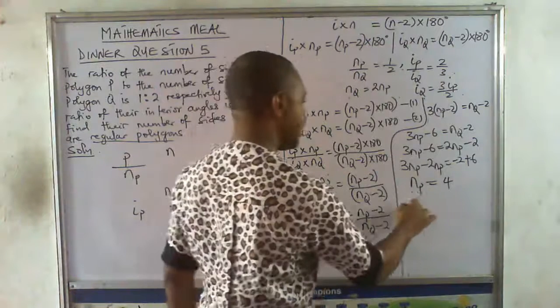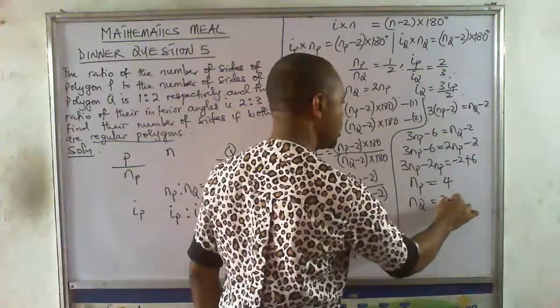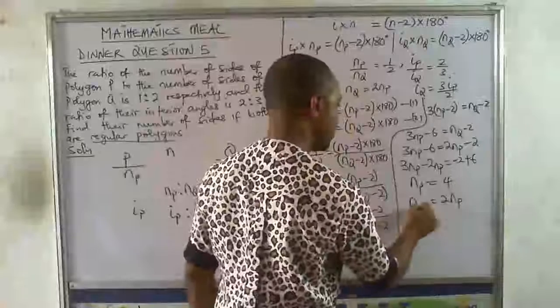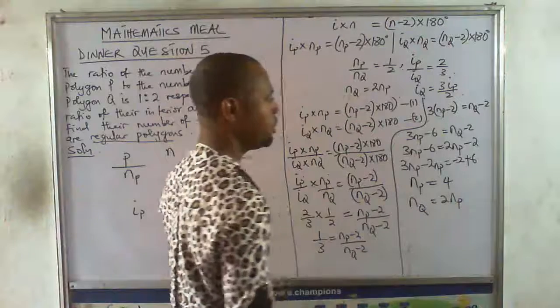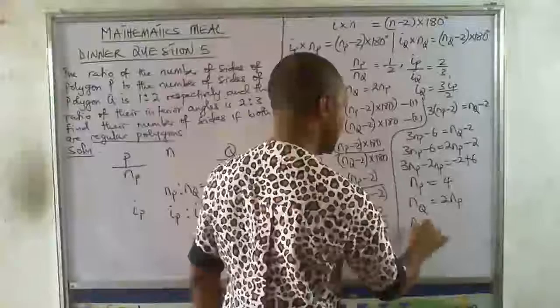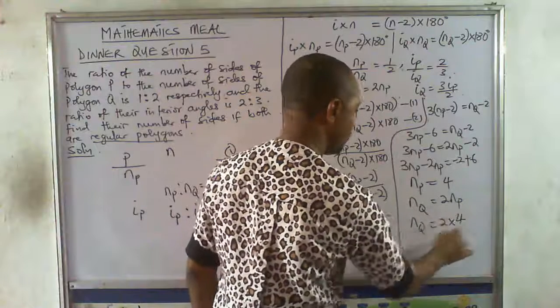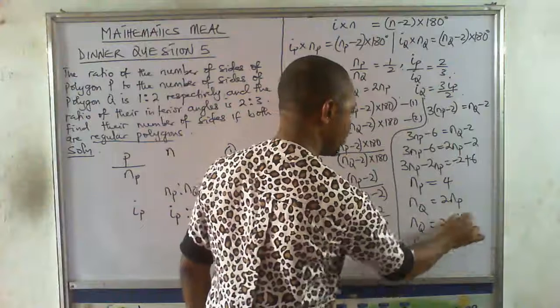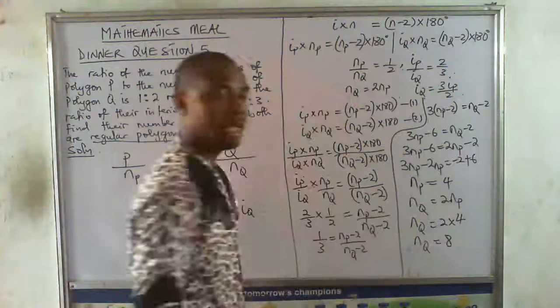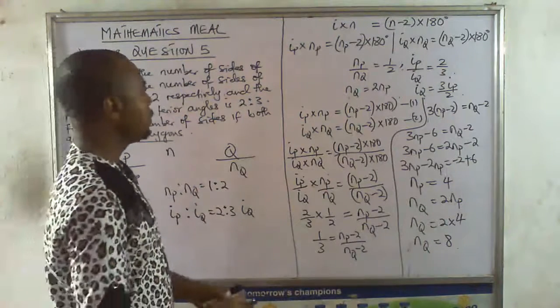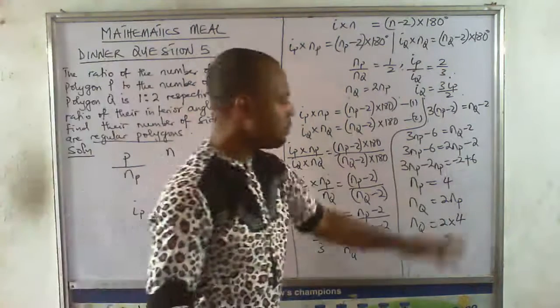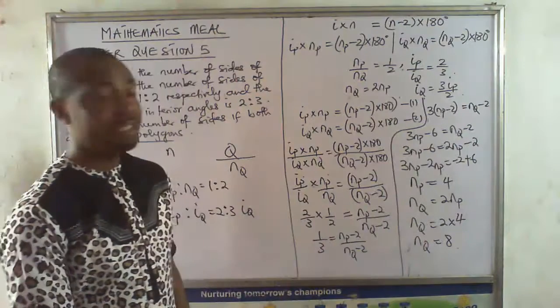And then since NQ is 2 NP, NQ is going to be what? 2 times NP, which is 4. So NQ becomes 2 times this, which will give us 8. So the polygons are a 4-sided polygon and an 8-sided polygon.